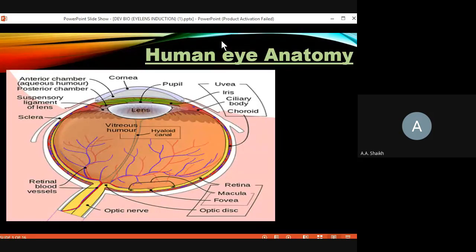Like the retina has photoreceptors which sense all the objects and later send the signals to the brain. That is the function of the retina. If the retina is placed at the cornea's position, will we be able to see?